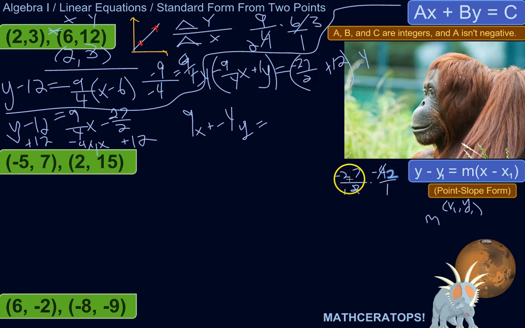So negative 27 times negative 2 is, what is that? Positive 54. Is that right? Yeah. Over 1. So this becomes 54. And then 12 times negative 4 is negative 48. So 54 minus 48 is 6.